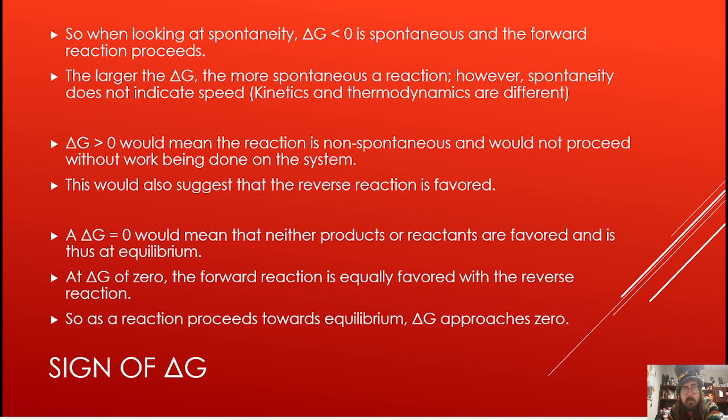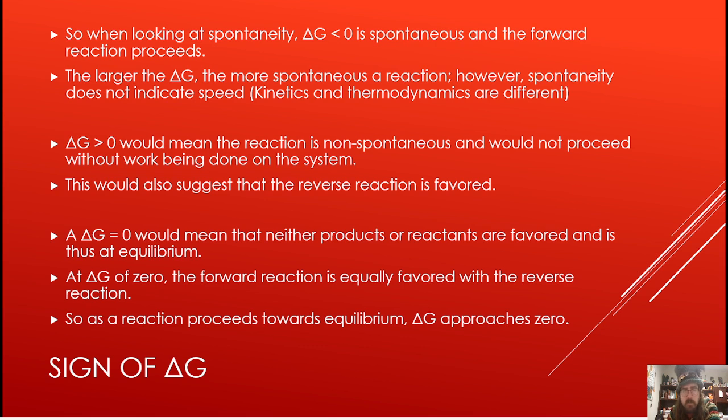So when looking at spontaneity, delta G is always going to be less than 0 if it's spontaneous, and if this is true, then the forward reaction will proceed. The larger the delta G, the more spontaneous a reaction is considered. However, spontaneity does not relate directly to speed.